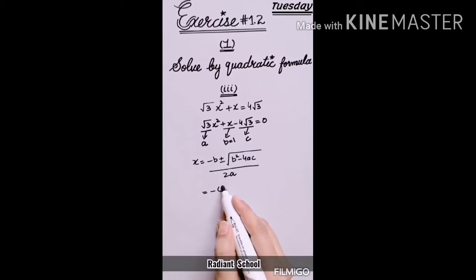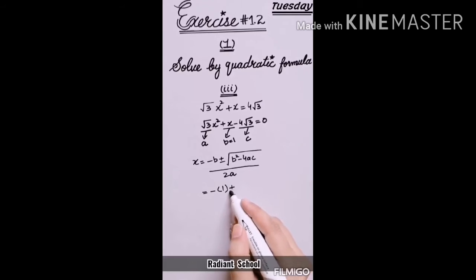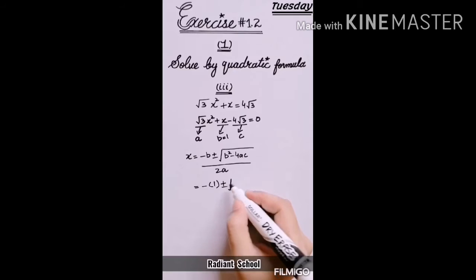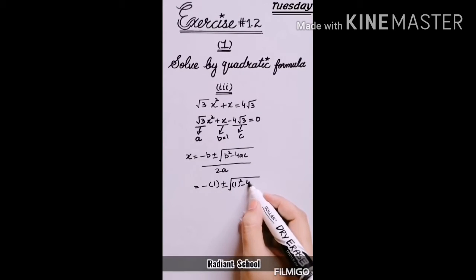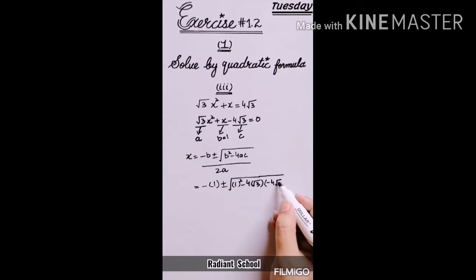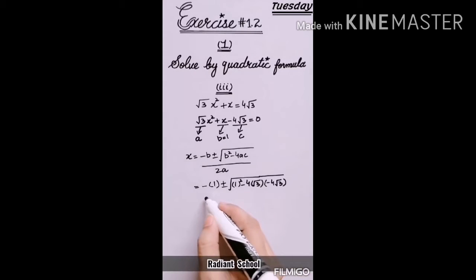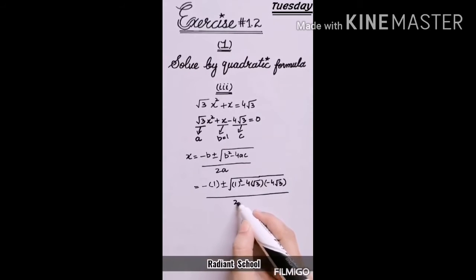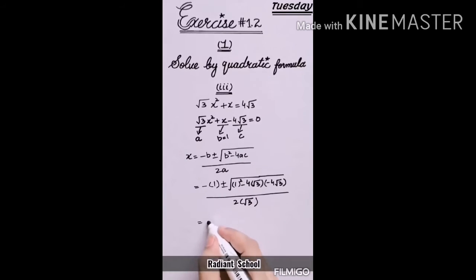The coefficient of x is the value of b, and the value of b is 1, whole square, minus 4. The value of a is under root 3, and the value of c is minus 4 under root 3, divided by 2 times the value of a, square root of 3, is equals to minus 1 plus minus.